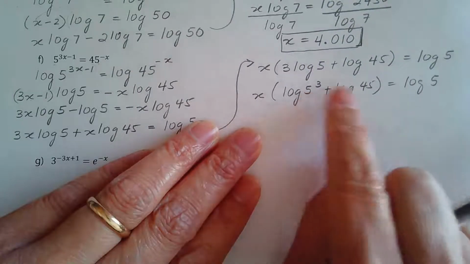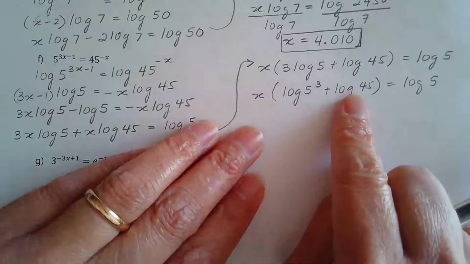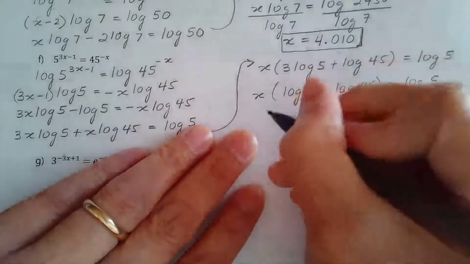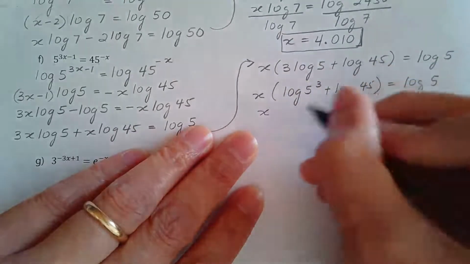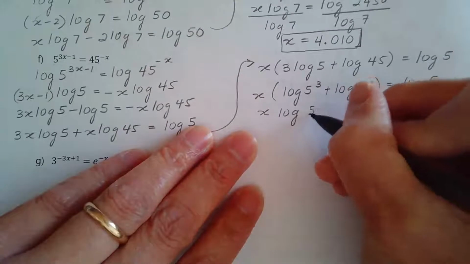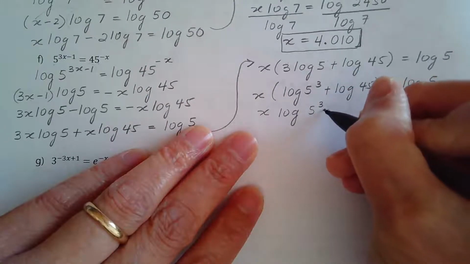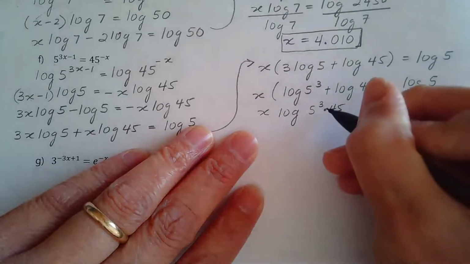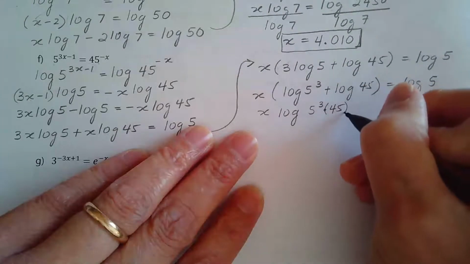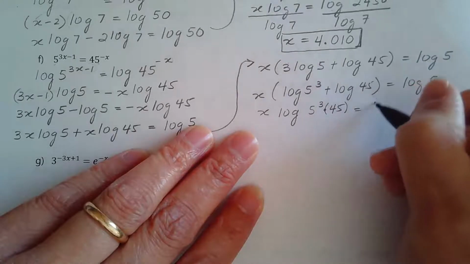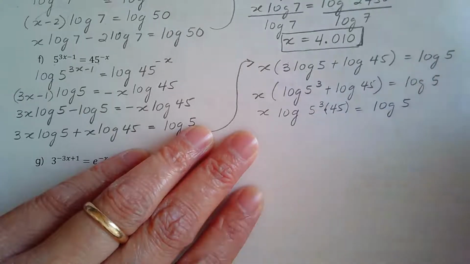Now, because these two are being added, we're going to use the other logarithm rule. We can rewrite and simplify that as log of 5 cubed times 45 equals log 5.